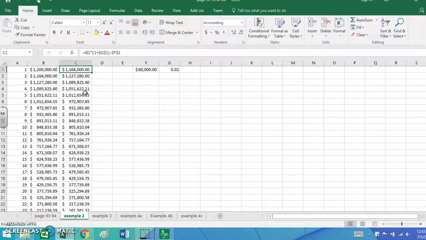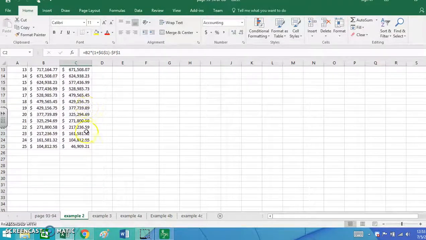So it would be 1,164,000. So I started off with 1,200,000. I now have 1,164,000. And then in month two, I started off with 1,164,000, and I ended up with, after interest has been accumulated and the payment's been made, 1,127,000.